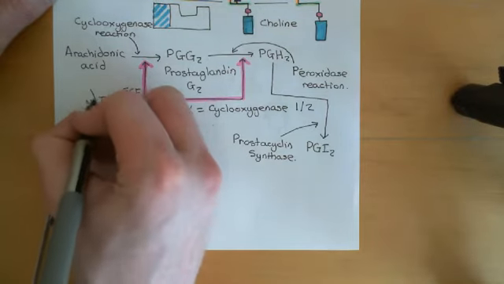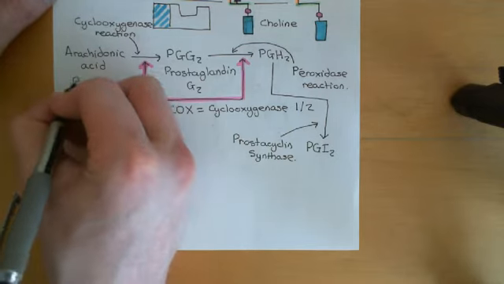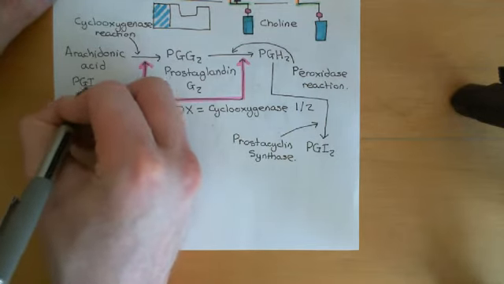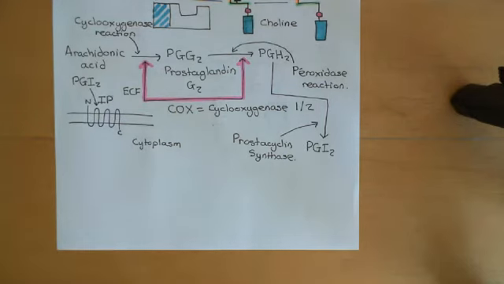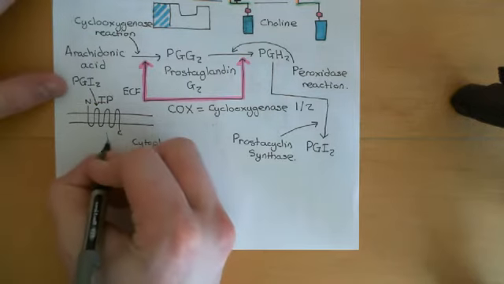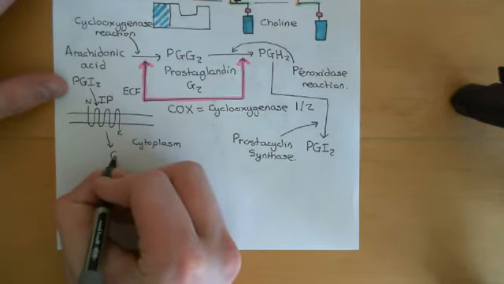Okay, so what's going to happen is the prostacyclin is going to come in and bind to this IP receptor and cause a change in conformation in the IP receptor, and it's then going to be able to interact with a heterotrimeric G protein. Okay, now which heterotrimeric G protein does the IP receptor act on? Well, it acts on the heterotrimeric G protein GS.